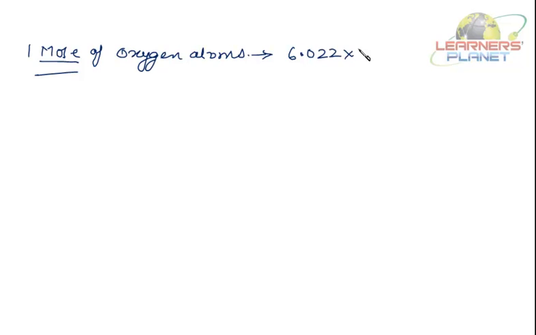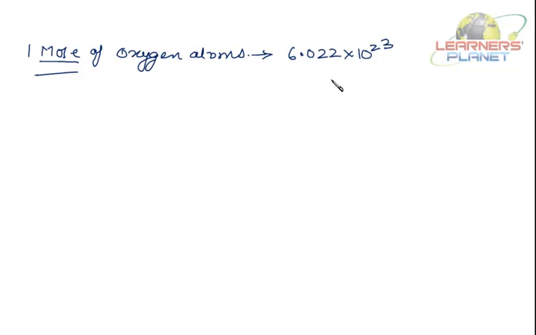Say 1 mole of oxygen atoms. It means what is the number of oxygen atoms in 1 mole? Now that number is 6.022 into 10 to the power 23.